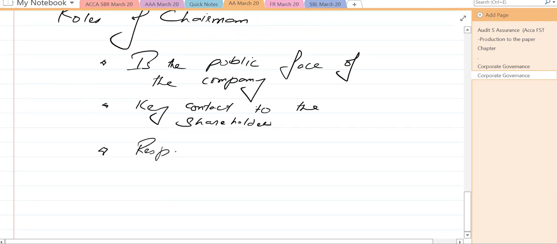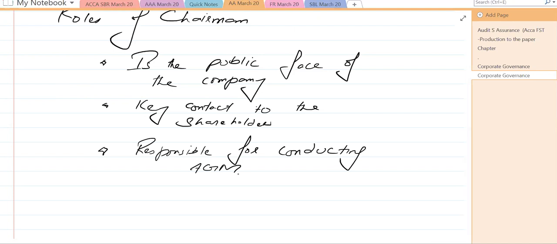The chairman is responsible for conducting the AGM. It is the responsibility of the chairman to ensure there is a proper AGM, and that the shareholders are communicated with and motivated to attend.